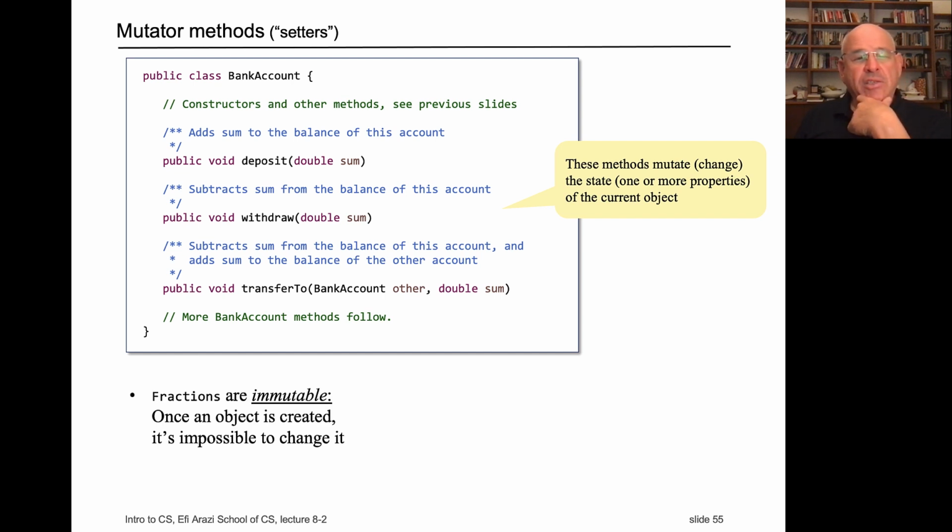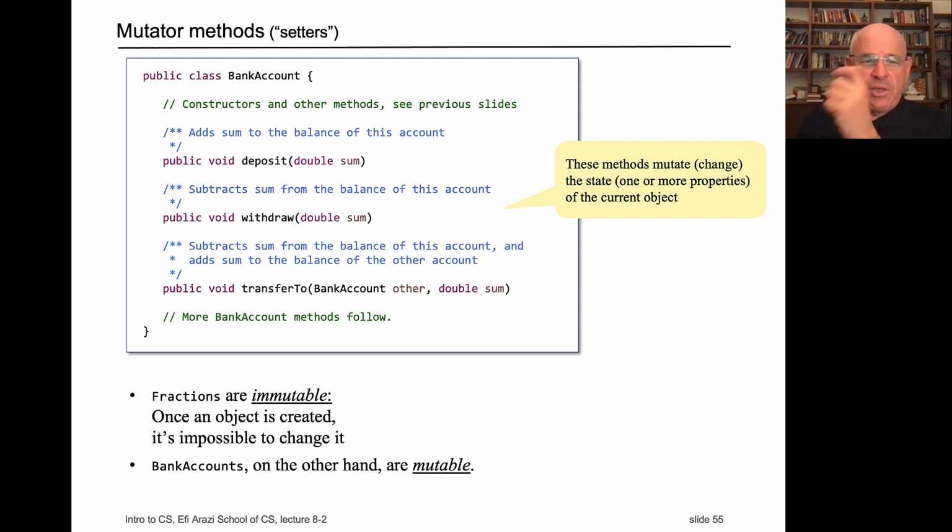Now, in the case of fractions, we didn't have such methods. We had methods like add, multiply, and so on, but these methods, if you recall, didn't touch the current object. They always returned a new object, right? These methods are very different. These methods operate on the current object.